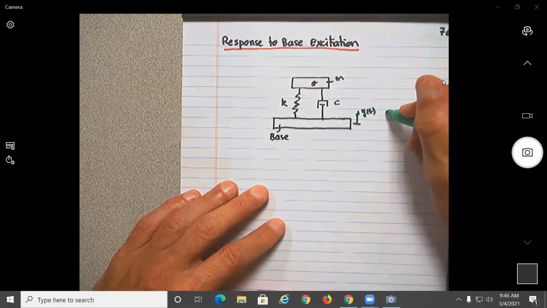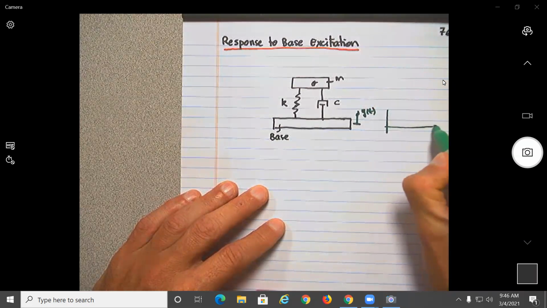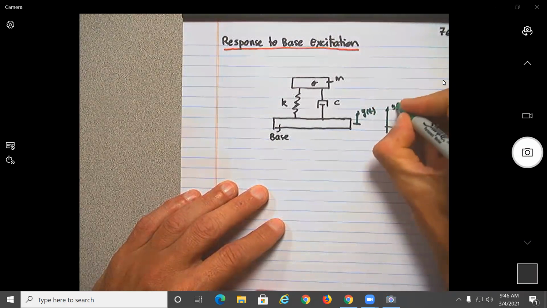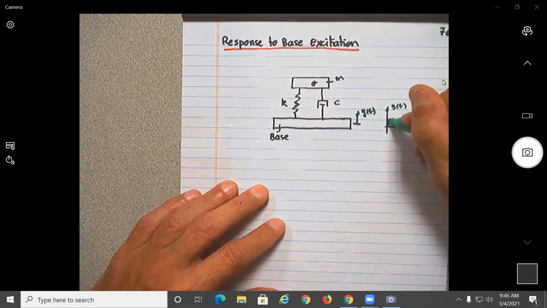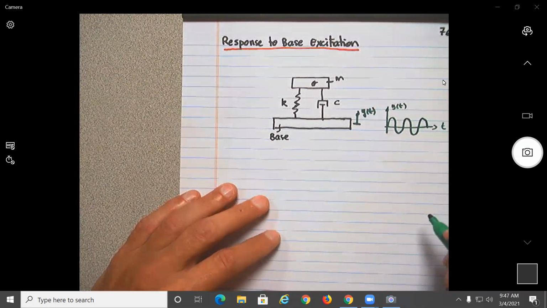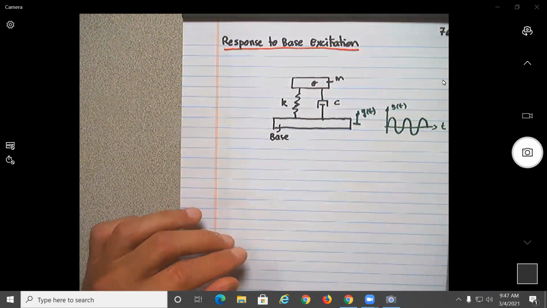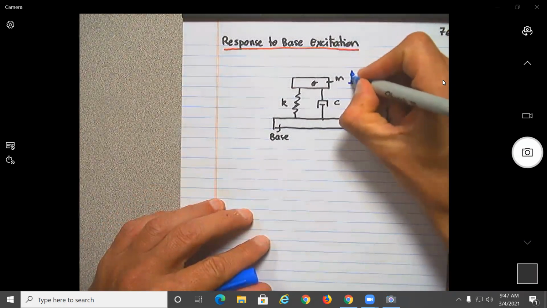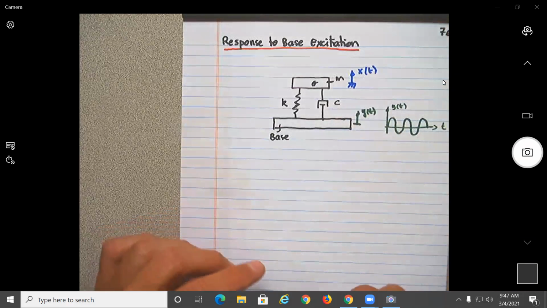The excitation of the base could be some type of harmonic function. So it would be the motion of the base, and what we have to calculate is the response of the mass.